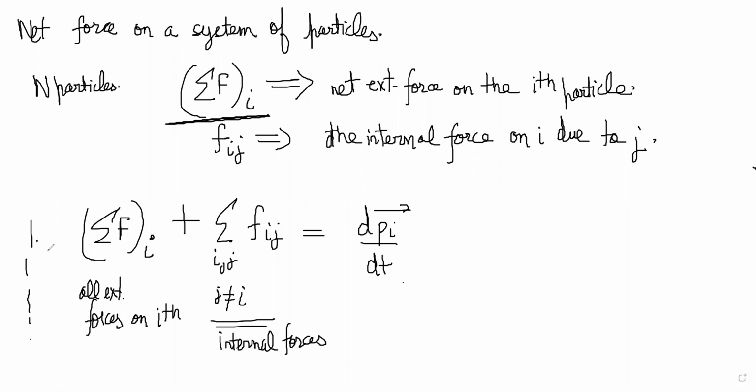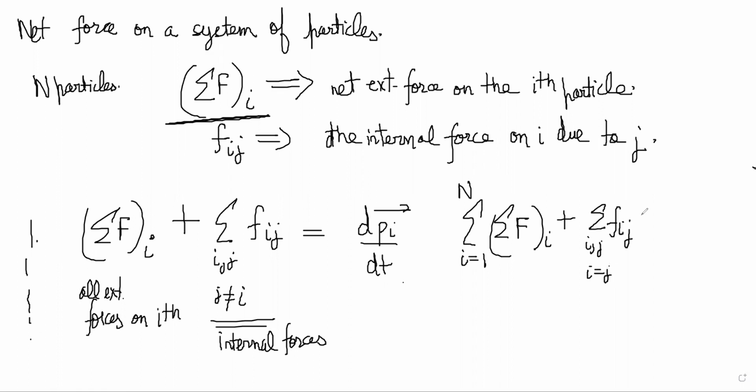So if I do a sum over all particles, I will get the summation of Fi, with i going from 1 to capital N, plus the summation over ij, i not equal to j, of Fij, and that is equal to d by dt of the summation of pi, i equal to 1 to n.